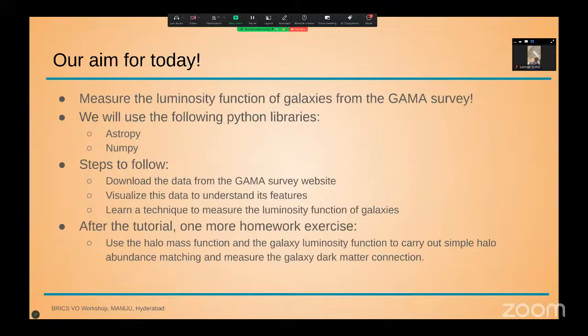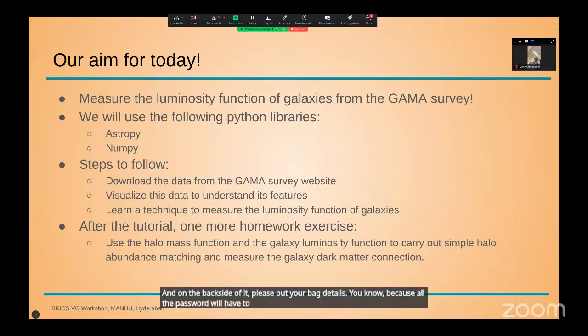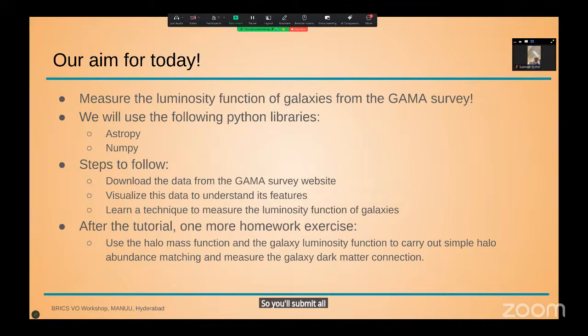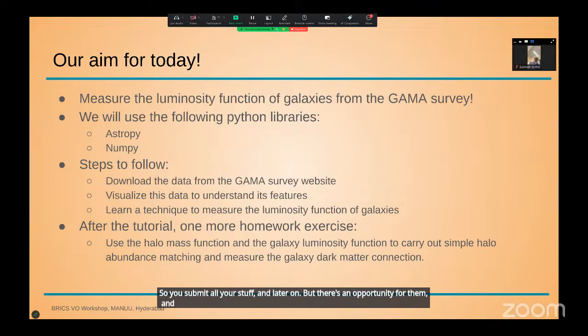I have to travel, so here are the forms. Submit your tickets and all that stuff. On the back side of it, please put your bank details, because all the transfers will happen online. Nothing is happening in cash. So you'll submit all your stuff and later on it will come to your bank. Attach a Xerox of your tickets for that. And obviously, as per the rules I told you, MSc to MSc sleeper, research scholars, BSc, have to keep it.